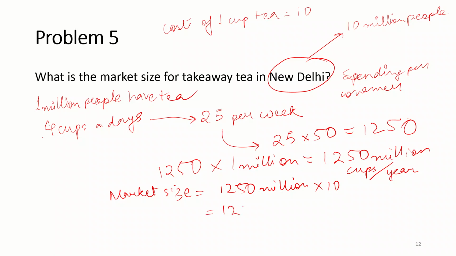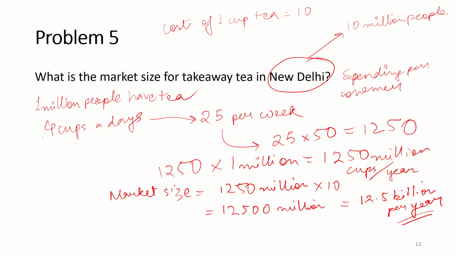So you have 12,500 million, or 12.5 billion per year. Nice. So this is the market size.